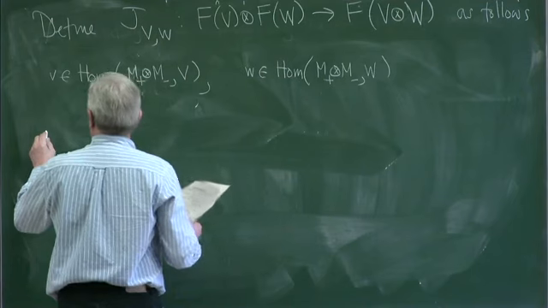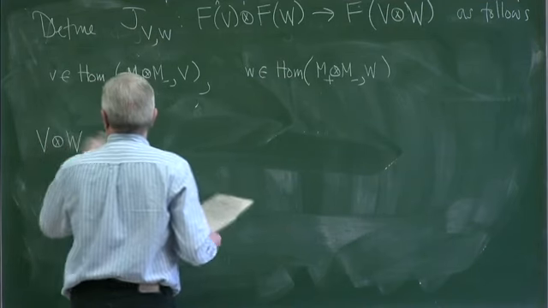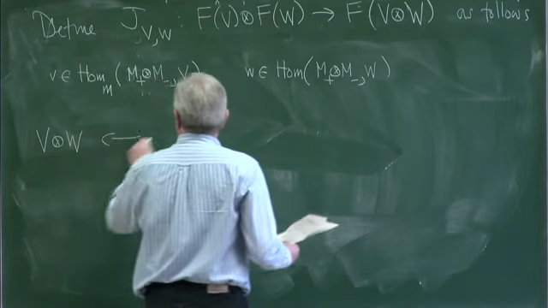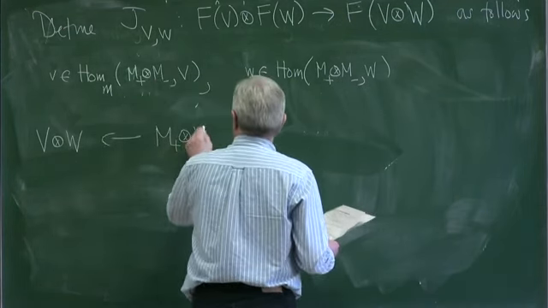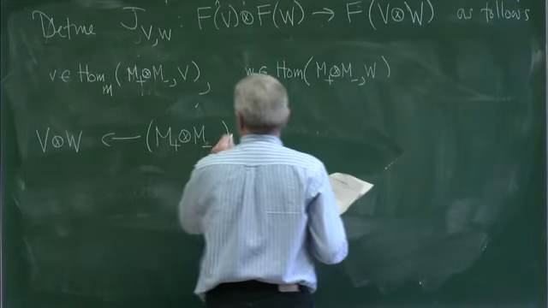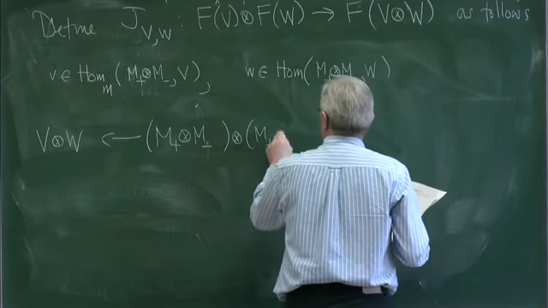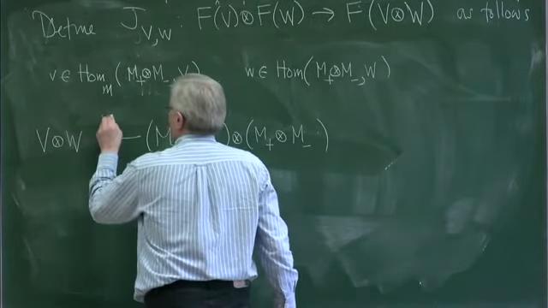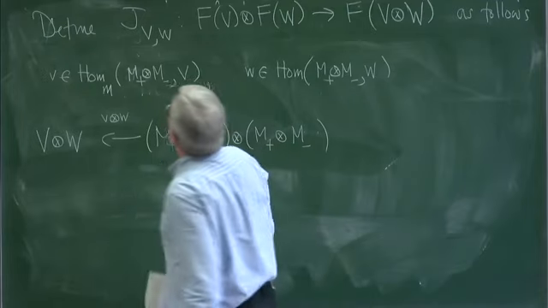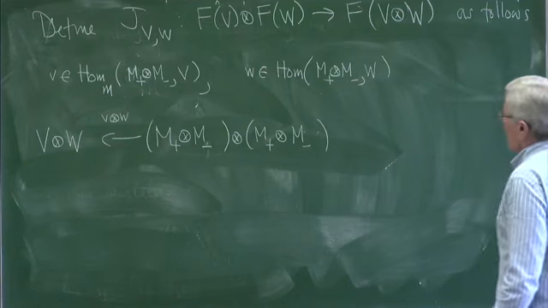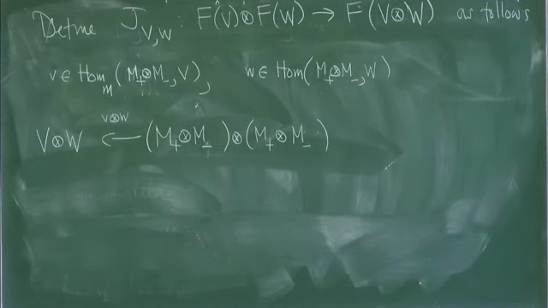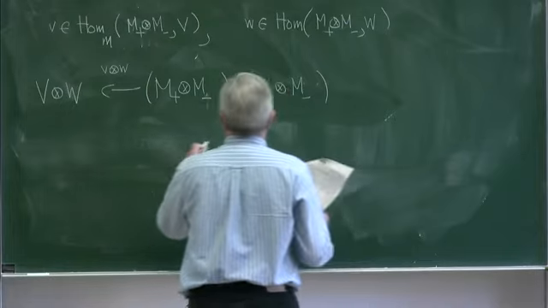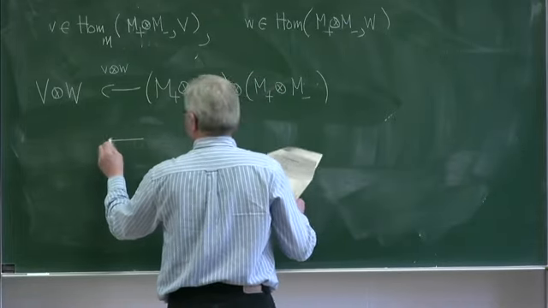So over here I put V tensor W. Now from this I map in M plus tensor M minus by V tensor W. And now I've got to rearrange the brackets, so I have an associativity isomorphism.